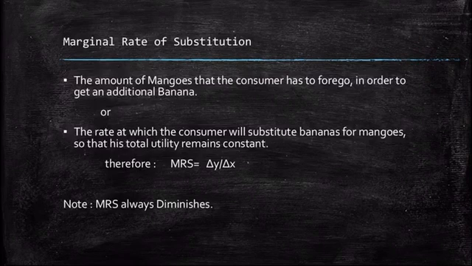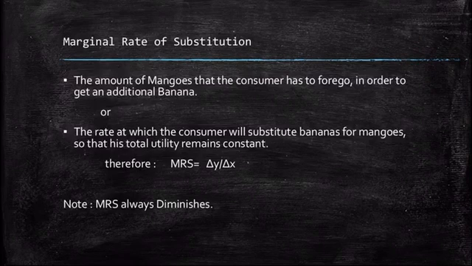If you observe the table very carefully, you will see that while a consumer is gaining every additional unit of banana, he was sacrificing mangoes. But for every extra unit of banana, he was not sacrificing the same units of mangoes.